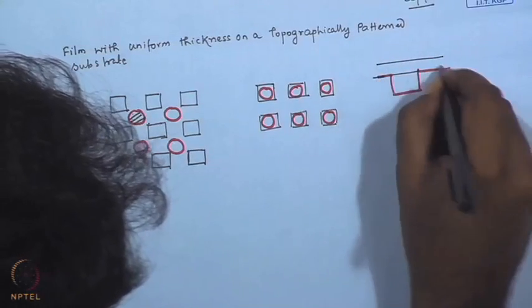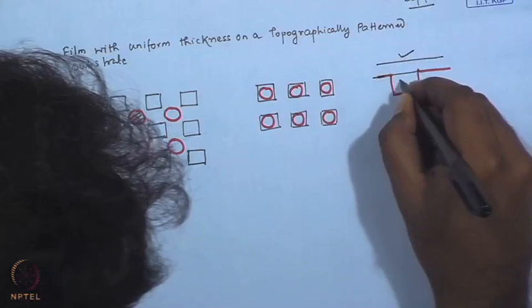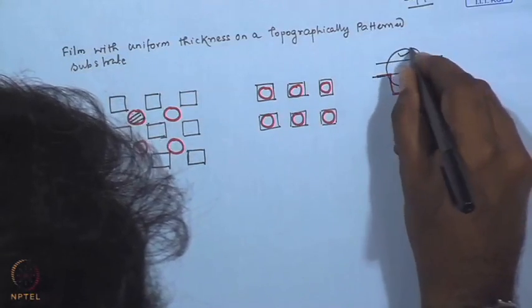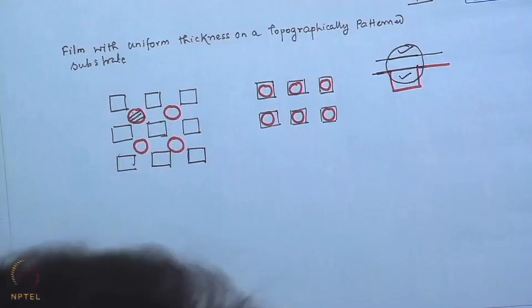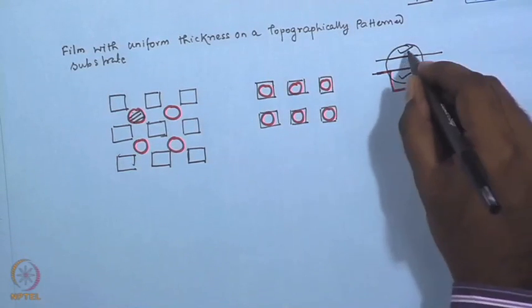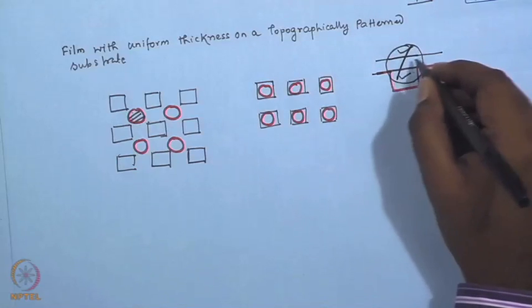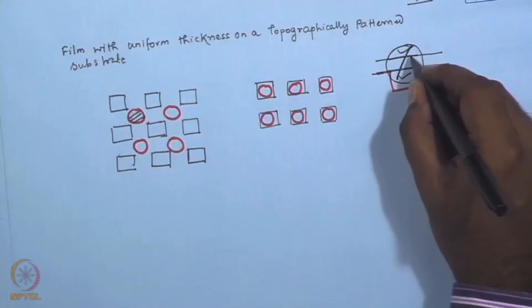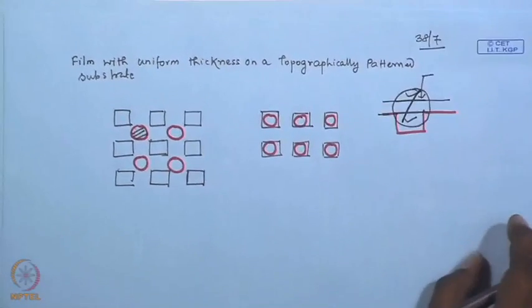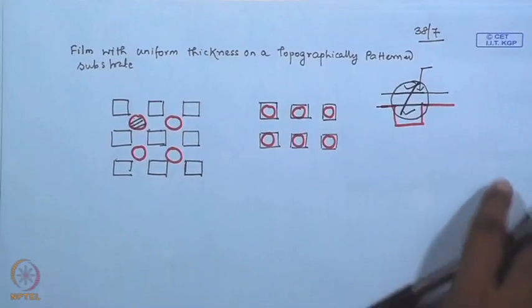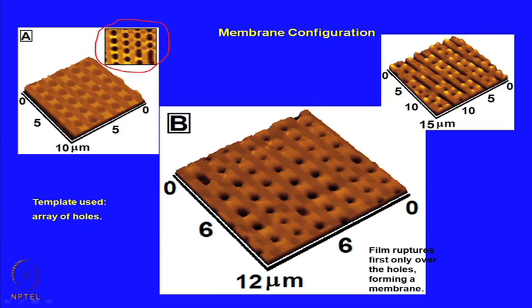Over these zones, the energy penalty of sustaining two separate film-air interfaces is higher as compared to these zones, and therefore, it is sort of a freestanding film over these zones, and they rupture rather explosively. So, this is what the theory says, and therefore, you expect that the film will rupture over these zones in this particular case.